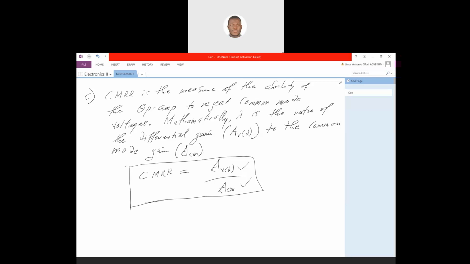Now, assuming you are asked to define common mode rejection ratio, you can go ahead and state just this and explain the meaning of the various components here, the numerator and then the denominator. But when you are asked what is CMRR, then you would have to write and explain what CMRR, or common mode rejection ratio, is.